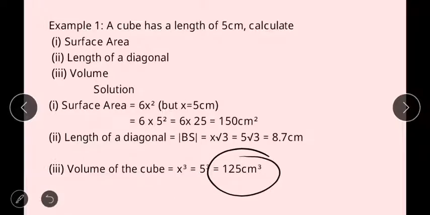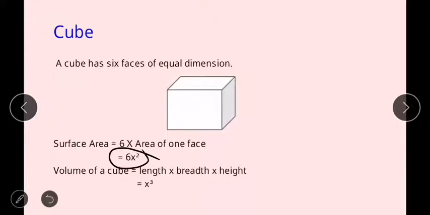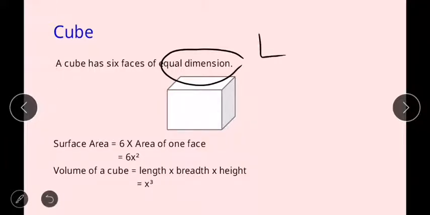Good. Let us quickly recap before we move on to the next slide. We were talking about cube, and then we said a cube is made up of 6 squares. It has 6 faces of equal dimension. The word equal dimension is relating to its length, its breadth, and its height. They are all the same.